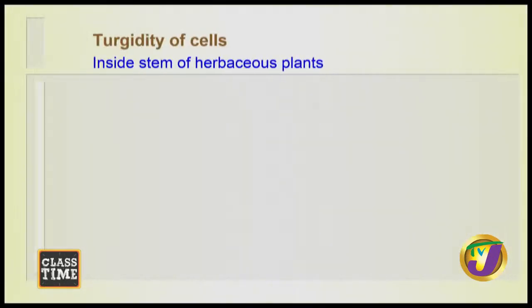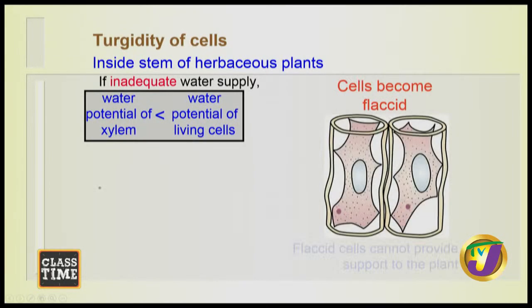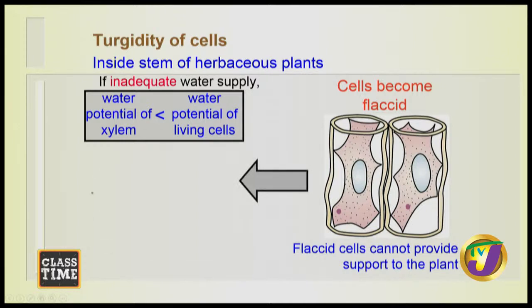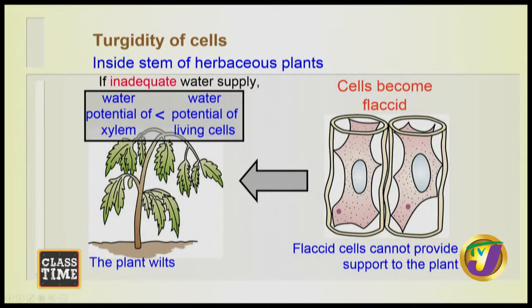But as I said, this is not permanent, because if not much water is in the soil, then water is going to move out of the cells in the plant, right, into the xylem, and that will result in the cells becoming flaccid. Right? So the cell is going to lose osmotic pressure, and so it will not be firm as it should, and so the plant will lose some form of support.